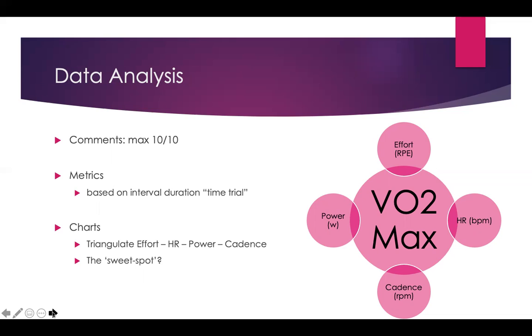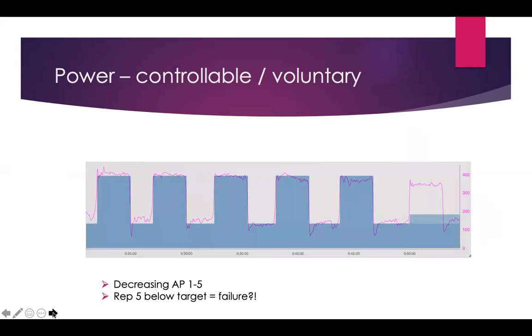So it's really about finding a sweet spot between these metrics. So we're getting the combination of high effort, high power, high heart rate, and high cadence in the athletes that do this session. So here's an example from a 5x3 session that I did a couple of weeks ago.